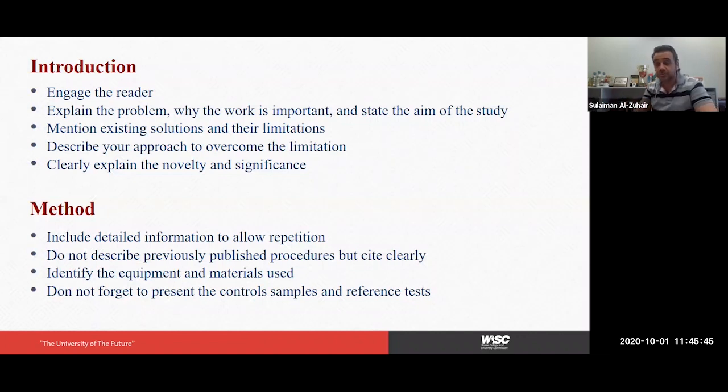You are doing the research because there is something missing that you want to solve. Go directly to what you are tackling and speak about it. Those long introductions with well-known things should be avoided.